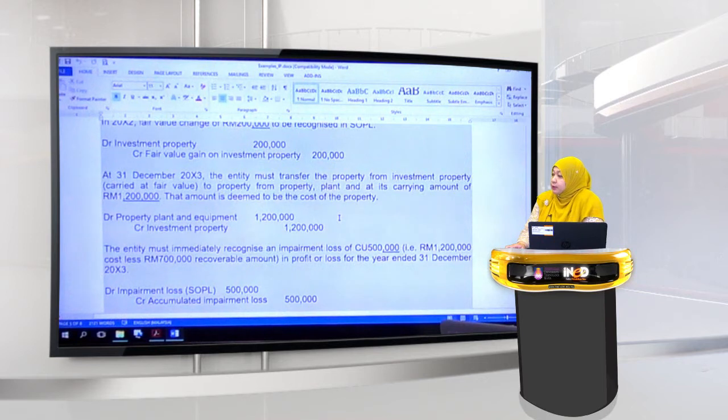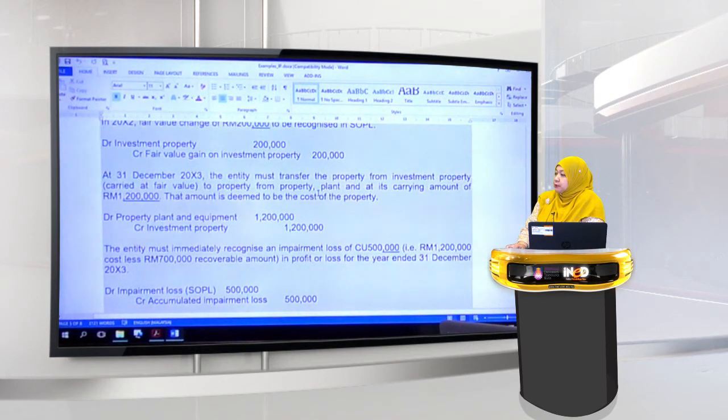At 31st December 2003, the entity must transfer the property from investment property to property, plant and equipment. This property, plant and equipment will be recognized at its carrying amount of 1.2 million.